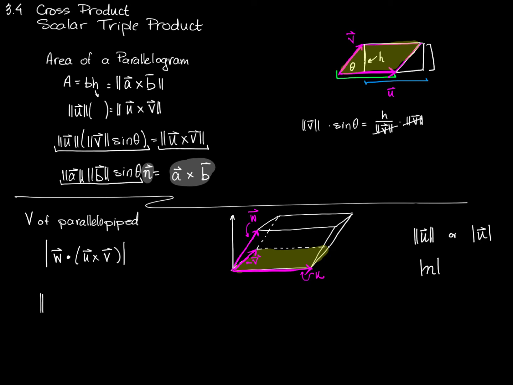Those vectors are lying in the xy plane. They're U and V. So I'm going to take the magnitude of the cross product of U with V. Because I'm taking the magnitude, that's a scalar, so I'll put that in parentheses. And then I'm going to multiply that by the height. Well, the height of my parallelepiped is probably about that.